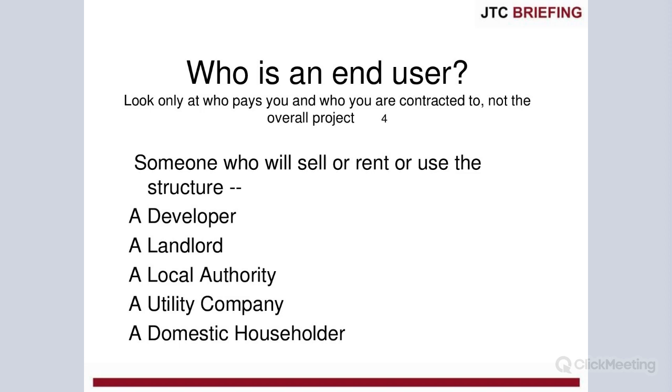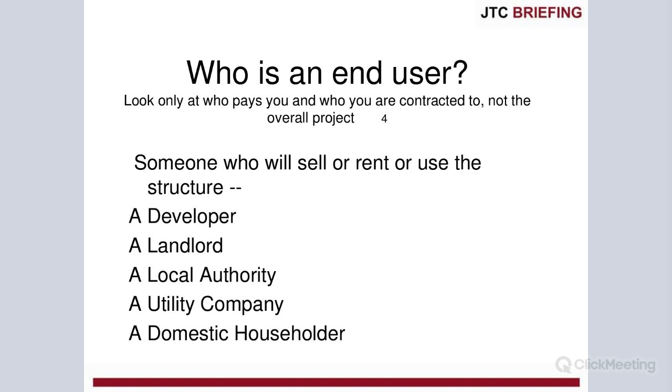You always look at who pays you. You don't, like a racehorse, look over the fence and onto the next fences. You only look at the person who's going to pay you. Are they an end user? And those are examples of the sort of end users that there are.